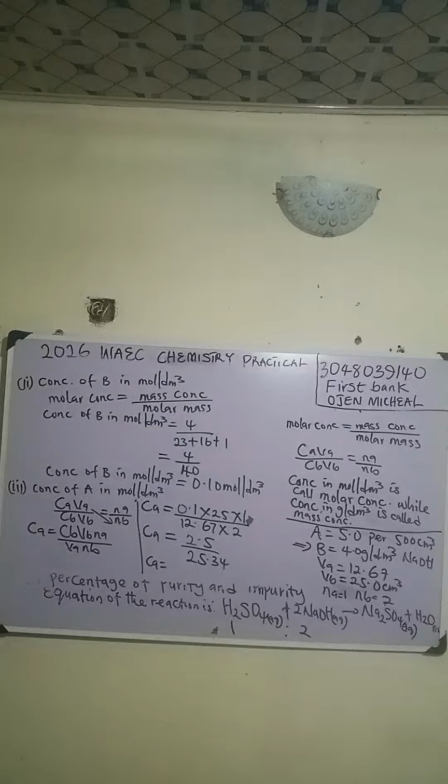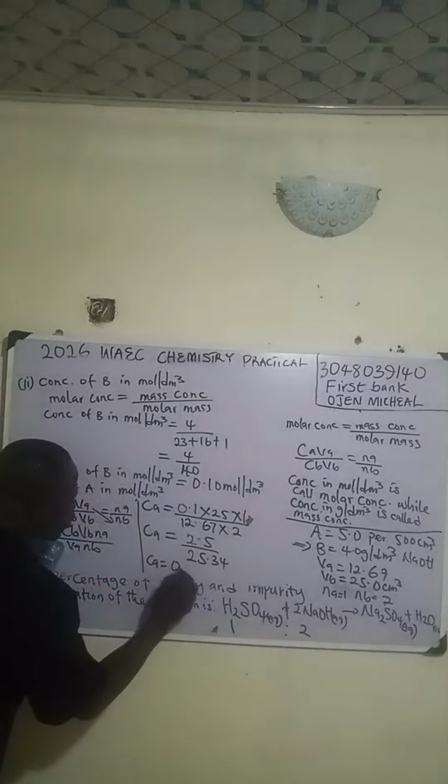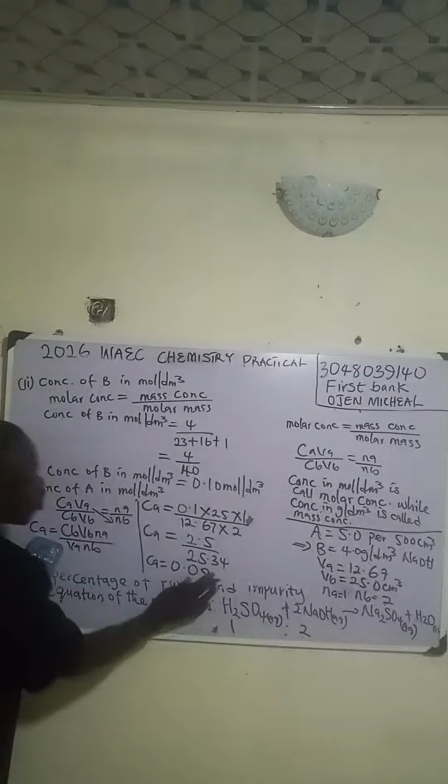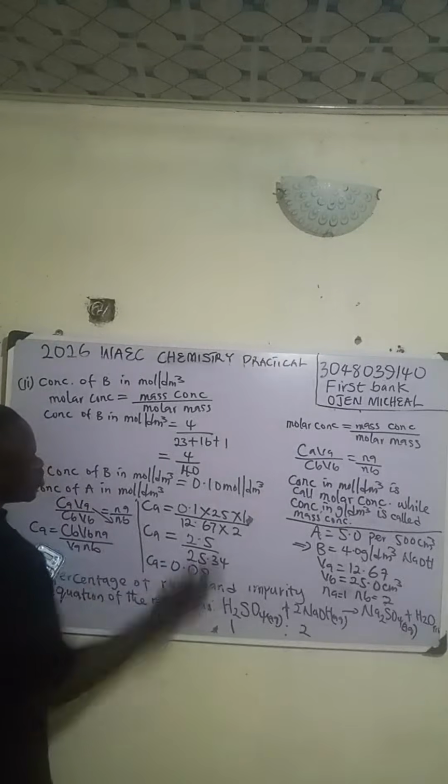The final answer is 2.5 divided by 25.34, which gives 0.09. So you are going to approximate it. 0.09. Please always leave this one in 3 decimal places.